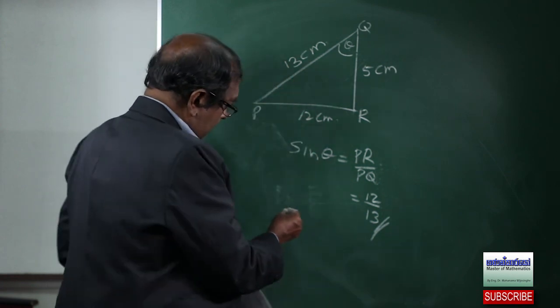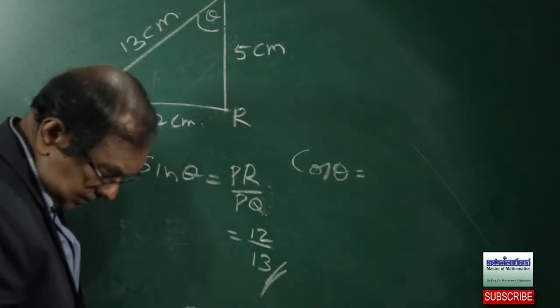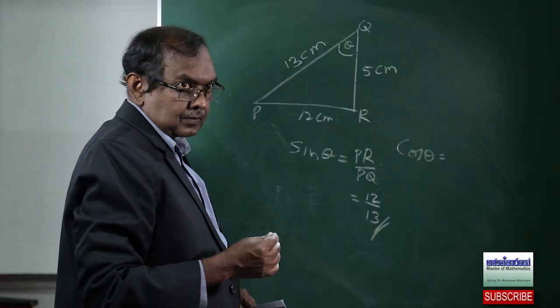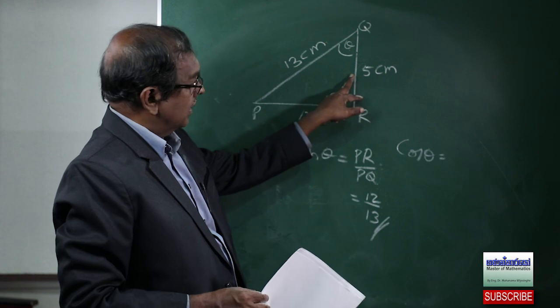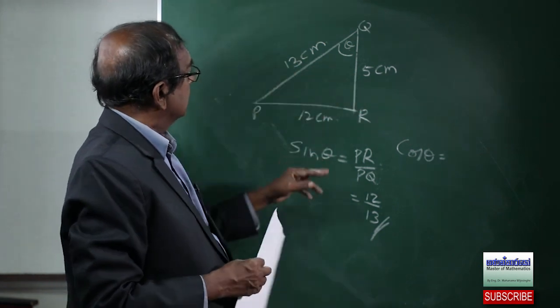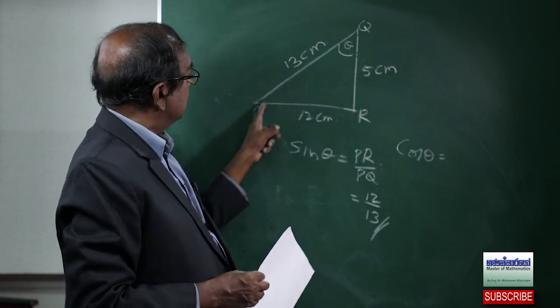And cos theta. Cos theta equals the adjoining side divided by hypotenuse, the QR divided by PQ.